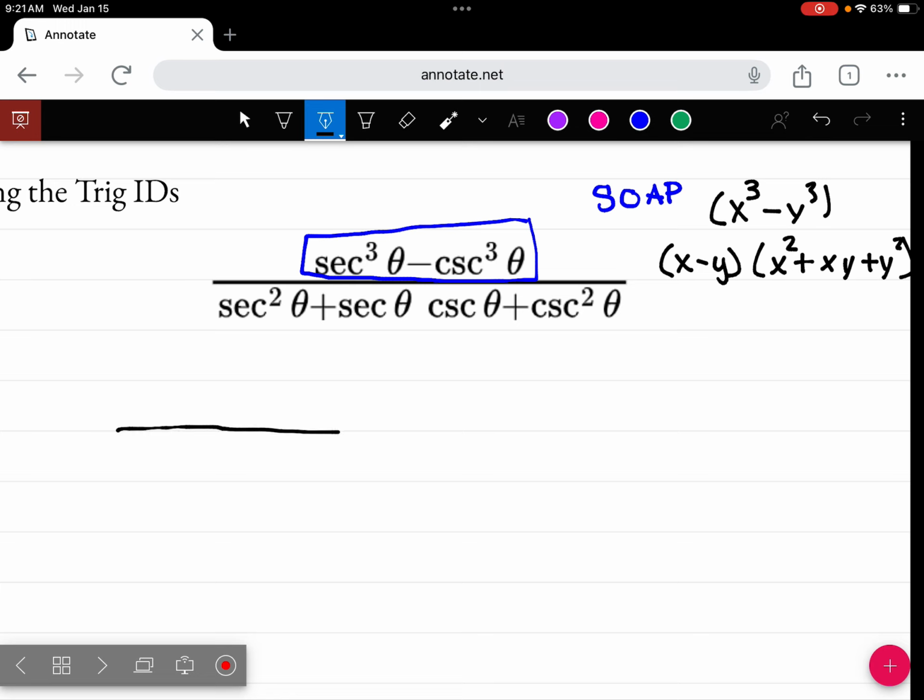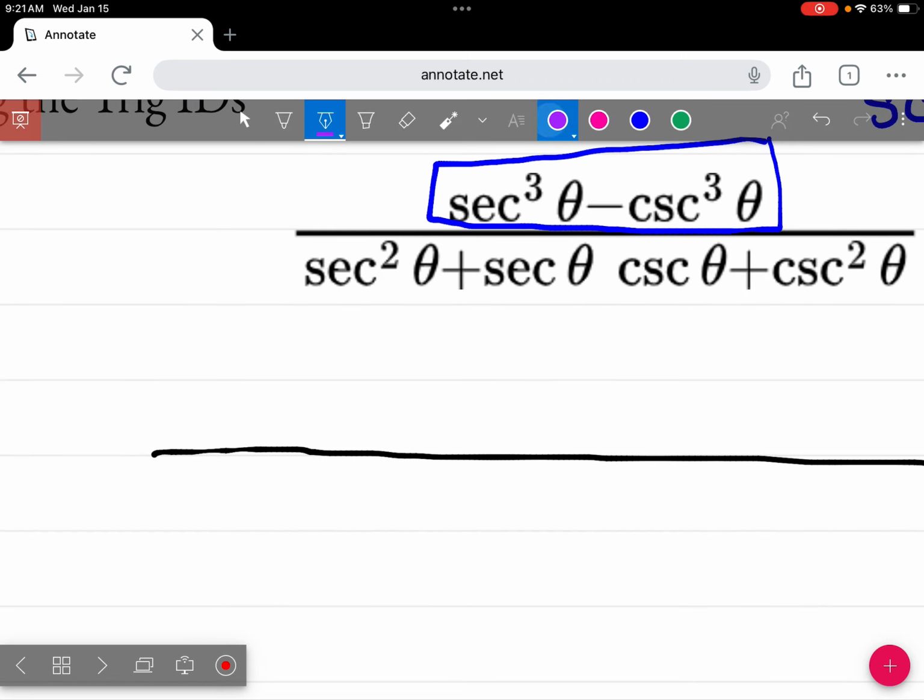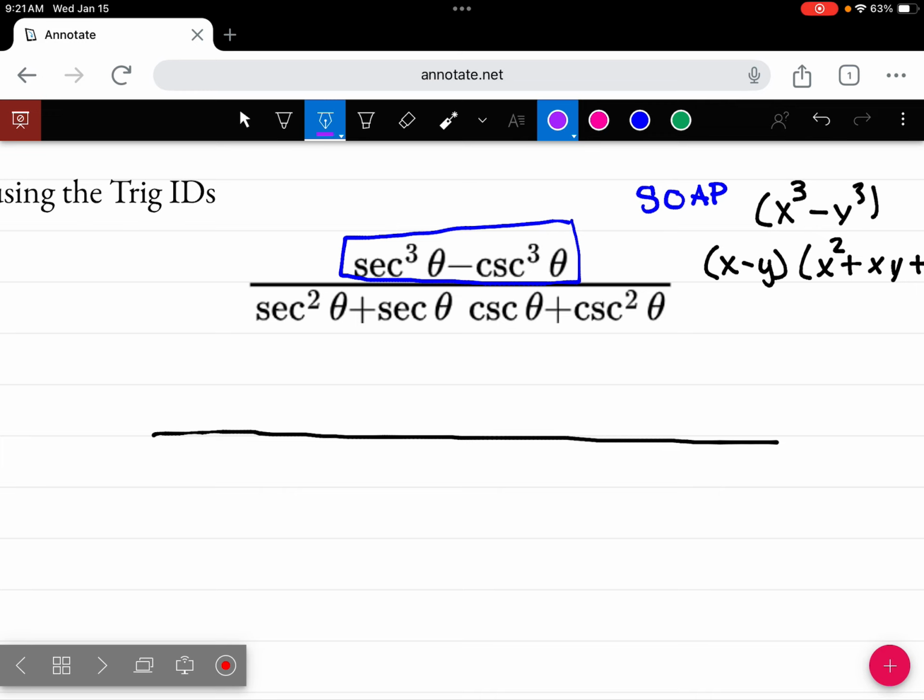So when I do that, which is going to make this look longer very briefly, we're going to get our secant theta with the same sign, so minus cosecant theta.